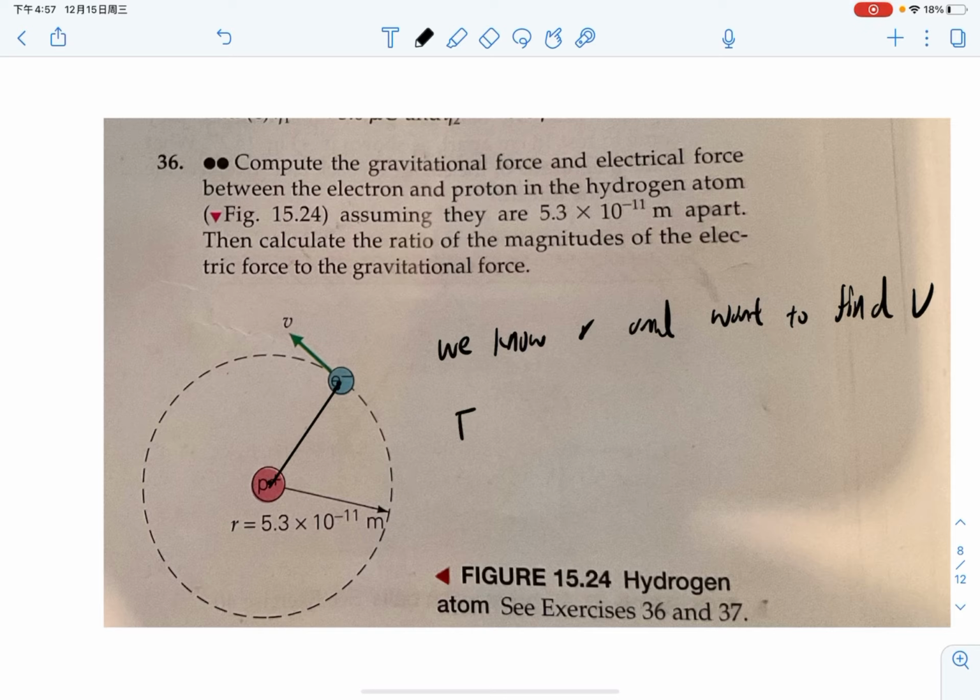From Coulomb's law, we know the attraction force is equal to k, because the charge of the proton and the electron we assume to be the same, k e squared divided by R squared.